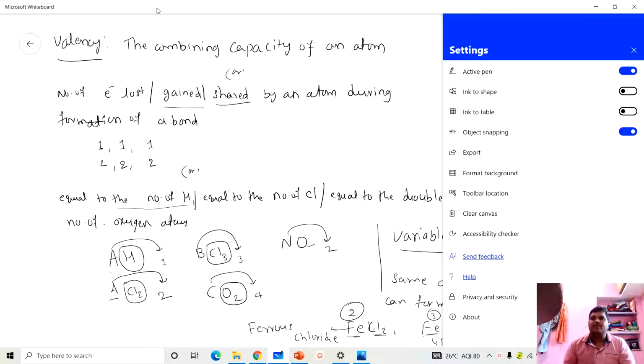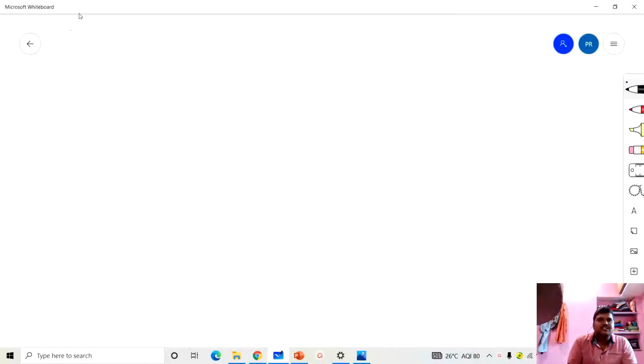Today we are going to discuss oxidation number. Very important, observe carefully. What is the oxidation number?